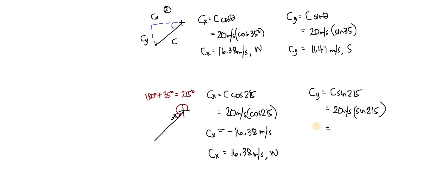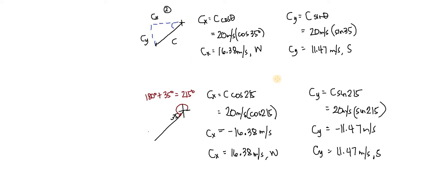And that will give you c sub y negative 11.47 meter per second. So it's still a negative, and that negative is the direction. So that's 11.47 meter per second towards south.